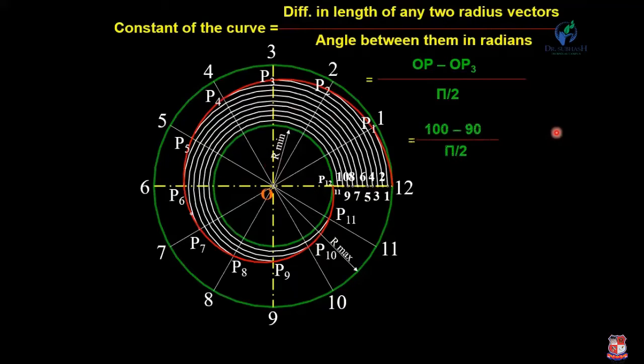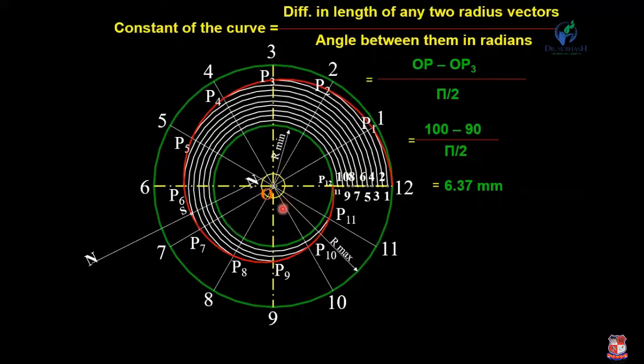Okay, so the length of OP is 100 mm and we have to measure this length OP3, which is equal to 90 mm. So the constant of this curve is equal to 6.37 millimeter. Now draw a circle of this radius equal to 6.37 millimeter.